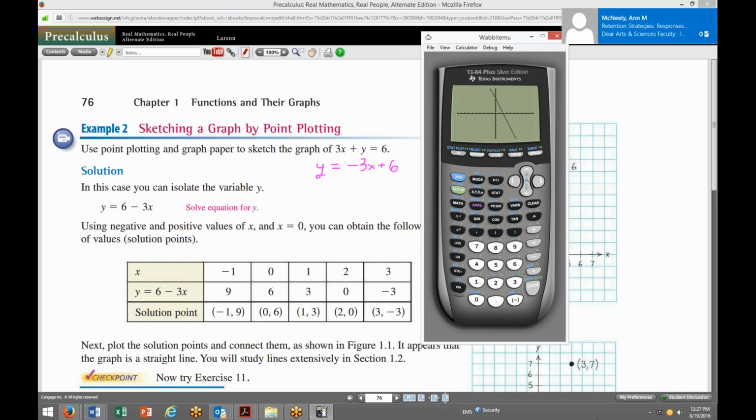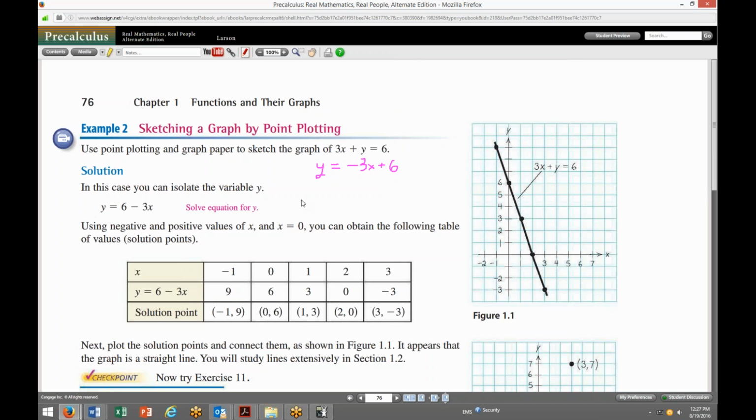The straight line has a slope of negative 3. Since the equation is solved for y, the number in front of x is the slope, -3, and the y-intercept is 6. In fact, let me point out how we have put this equation.